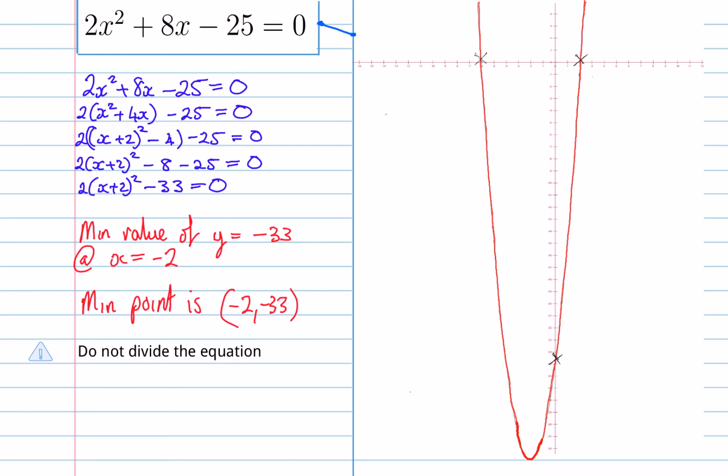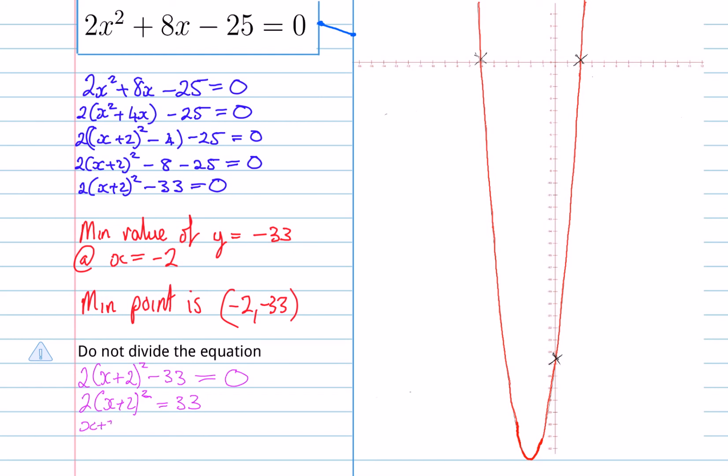Now, the next step then, we can use our completed square here to find out what the roots are. So let's solve this equation and find out what the roots are. So this then gives us 2 upon (x + 2) all squared is going to be equal to 33.